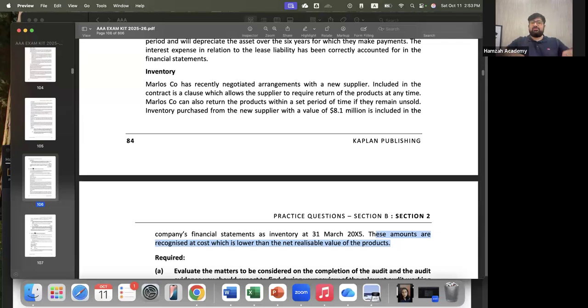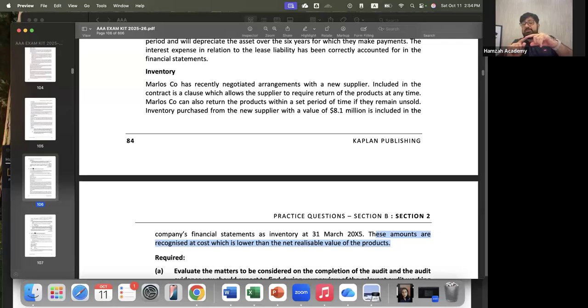So whenever the inventory purchased from this supplier is in stock, it is a consignment stock arrangement. It is the property of the supplier. They can require the return unless it is sold to the customer of Marlo's. Supplier, Marlo's, Marlo's customer.